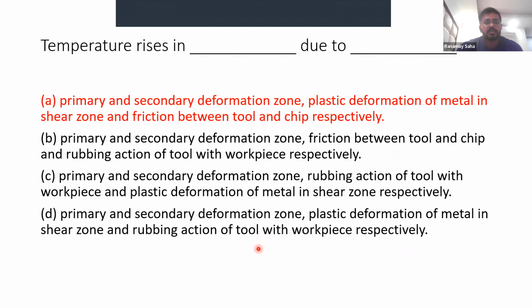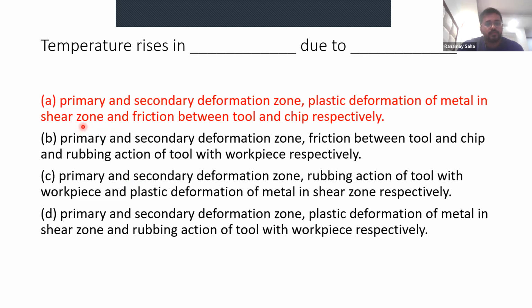The second question says the temperature rises in dash due to dash. Okay. So temperature mainly rises for what? Due to friction, right? Due to the rubbing action between two entities, isn't it? So you can have a rubbing action between the tool and chip, between the chip and the workpiece at the shear zone, okay, then between the tool and the workpiece.